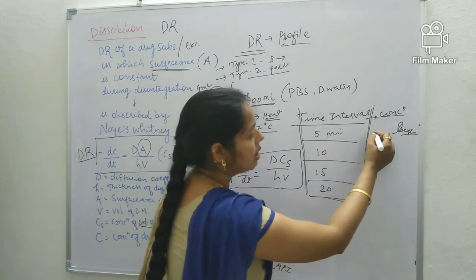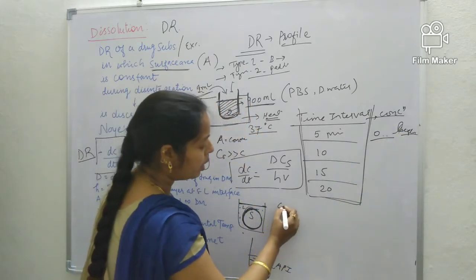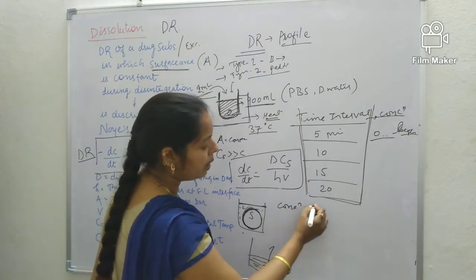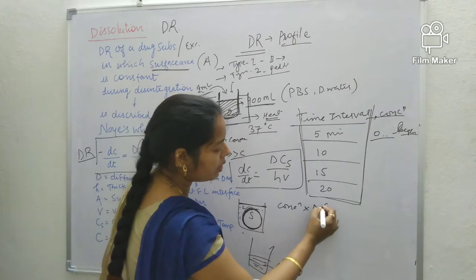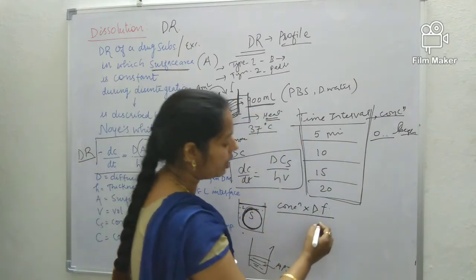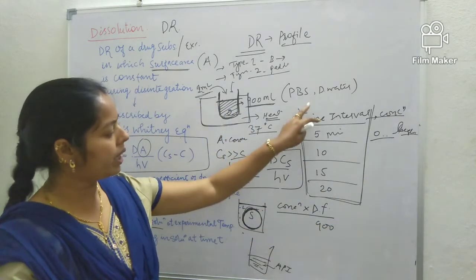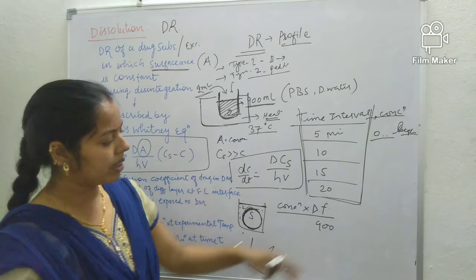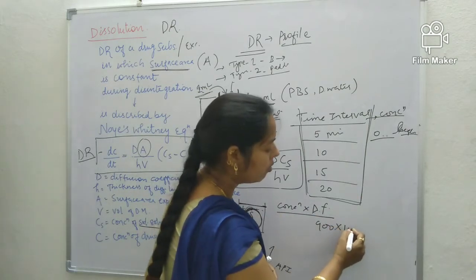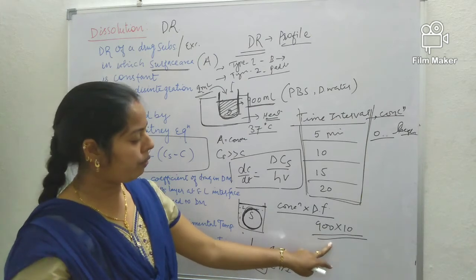Then we have to multiply this concentration with the dilution factor. The dilution factor is 900 ml, and further, if we had made dilutions of these samples, then we have to add that dilution into this dilution factor.